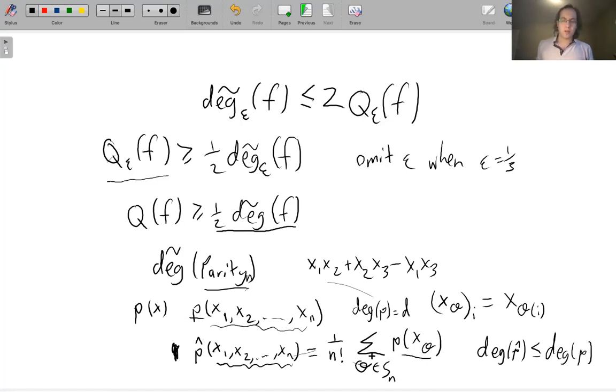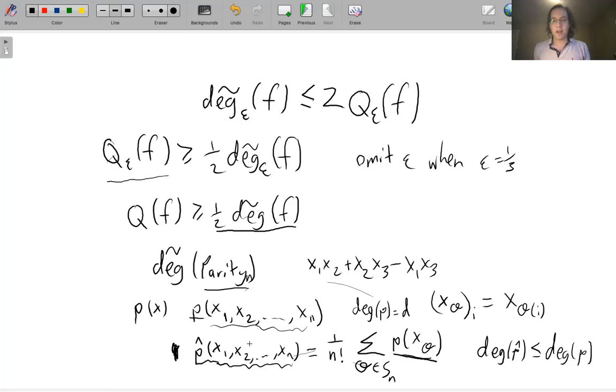Because of this symmetric property of parity, each of these p of x sub sigma still approximates parity of x. Now we're taking an average of n factorial many things that approximate parity of x, so that still approximates parity of x. So p hat also approximates parity.